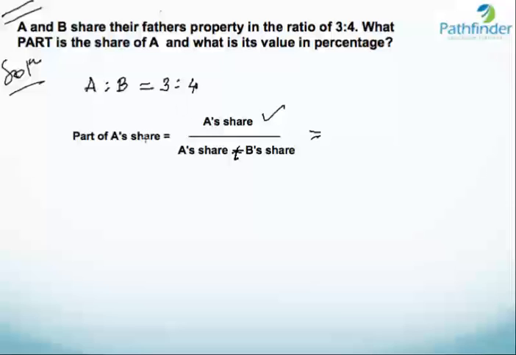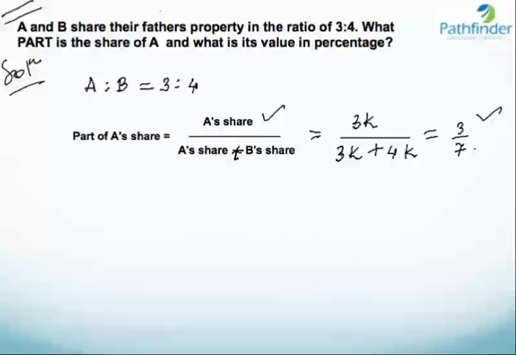We know that when A to B is in the ratio 3:4, A's share can be termed as 3K, and this is divided by the sum of the shares, that is 3K and 4K. So on simplifying this, we will get the value of A's share as 3/7. We can also call this the fraction of A's share.